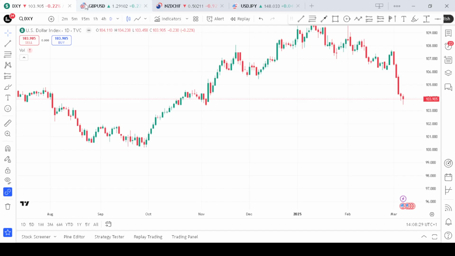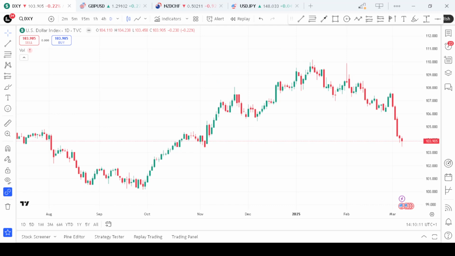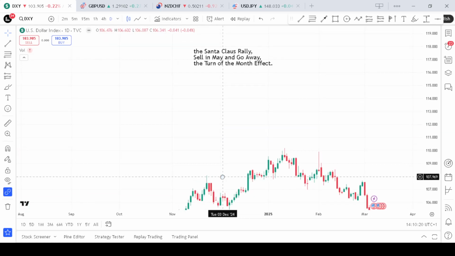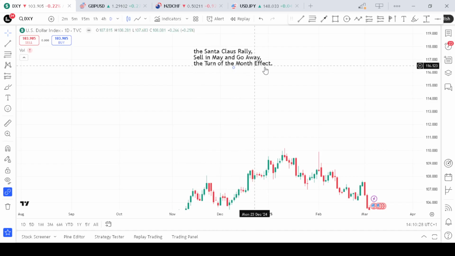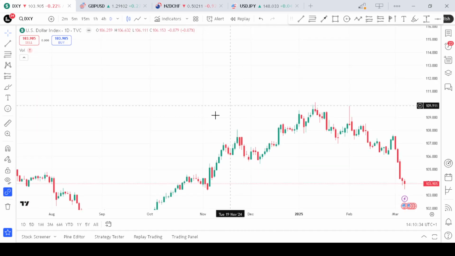We first of all explore the three seasonal trading strategies that can give you an edge in the market, which are the Santa Claus rally, the sell in May and go away, and the turn of the month effect. These are the strategies that we can use in implementing seasonal trading strategies.